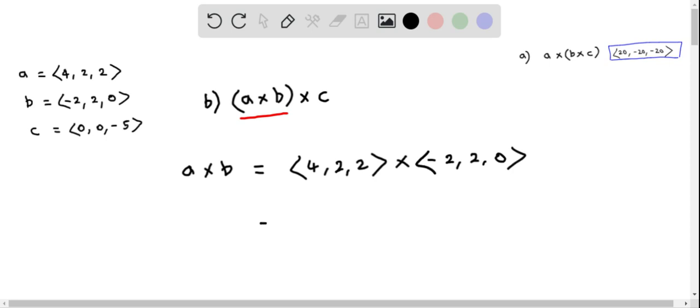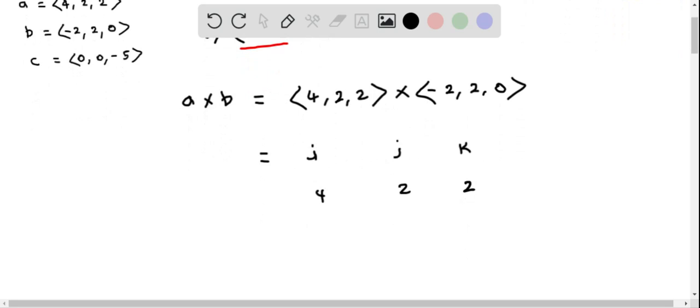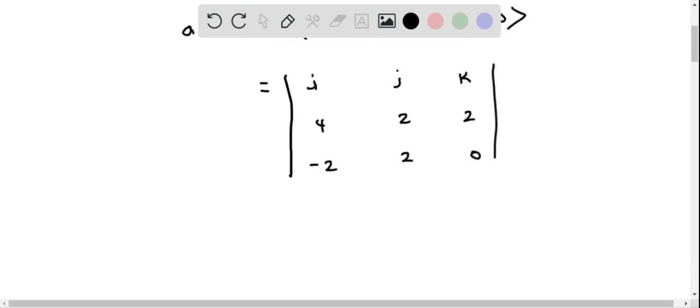Now let's use the determinants to find the cross product. So I put the i, j, k, and I put the A vector in the second row, that is 4 2 2, and then the B vector in the third row, that is negative 2 2 0. We have to evaluate this determinant. So let's expand along the first row. So first we will get 2 2, 2 0, when we leave the first row and first column.